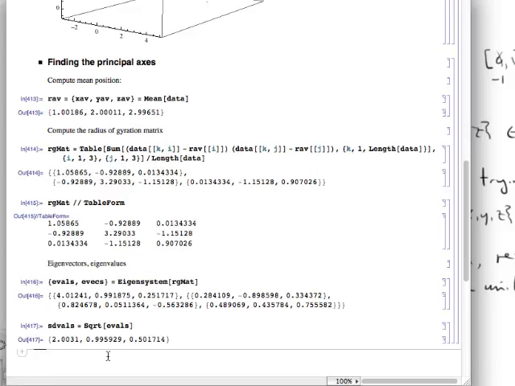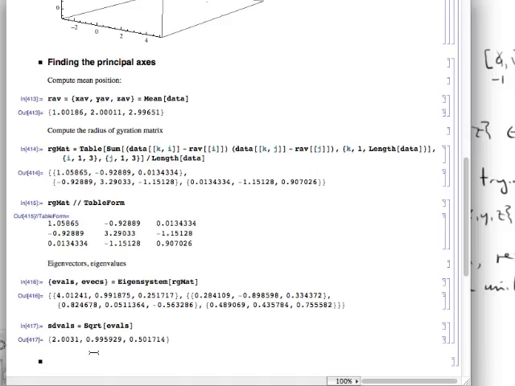And there they are. So here's the longest axis, the next longest, and then the shortest axis. And the corresponding eigenvectors are this one, and that one. See, the eigenvectors are a list of 3 vectors, right? The eigenvalues, that's this thing right there.